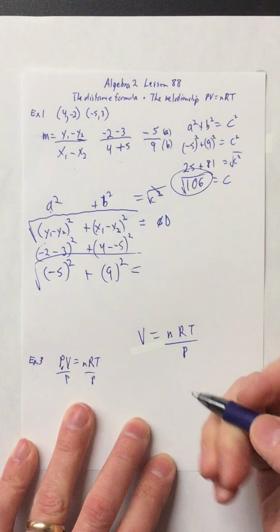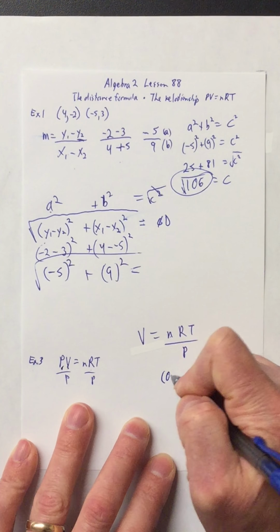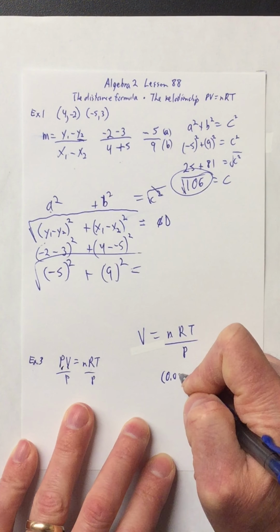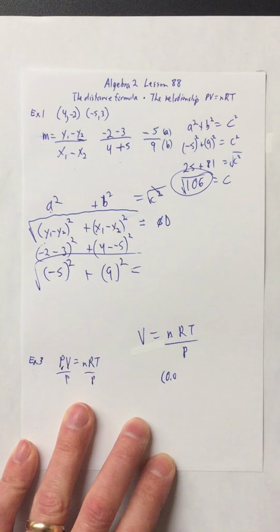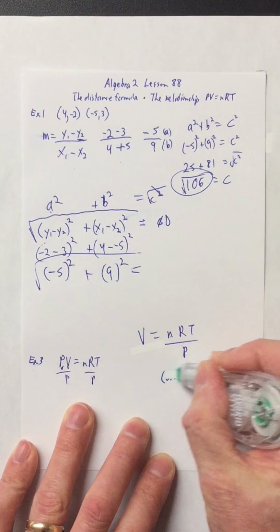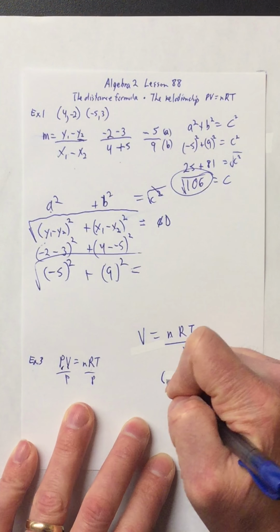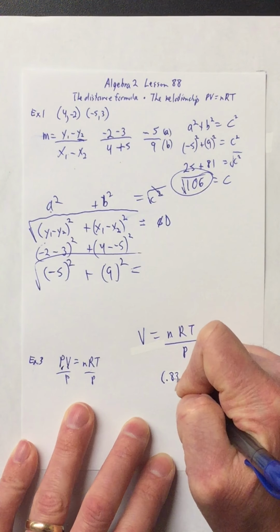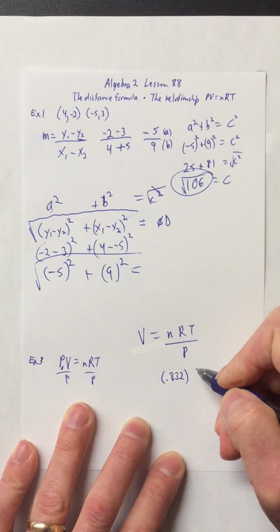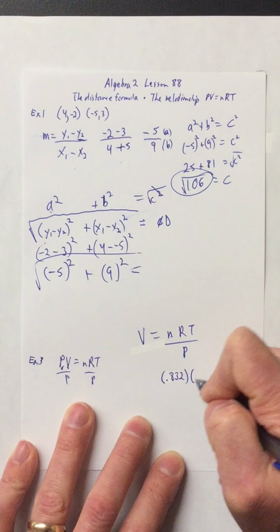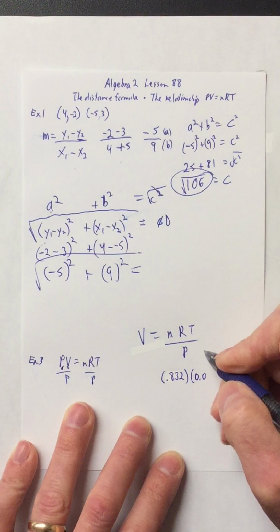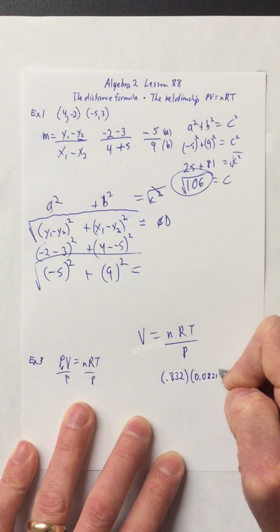The n there is our constant... Oh, hold on, nope. The n is the number of moles of gas. Got that wrong there. All right, n is the moles of gas, which is 0.832. The R is our constant, which is 0.0821.